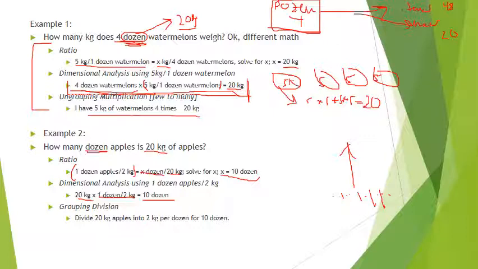And finally, for grouping, you're going to take 20 kilograms and divide it up into groups of 2 kilograms. So you divide the 20 kilograms into 2 kilograms per group. When you do that, you do 20 divided by 2 equals 10. All right.